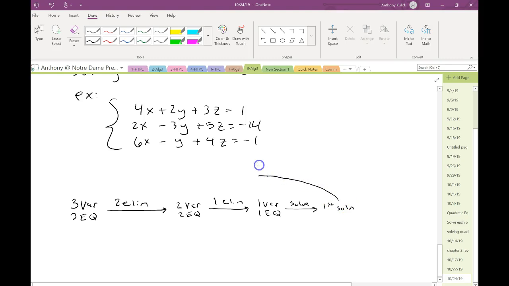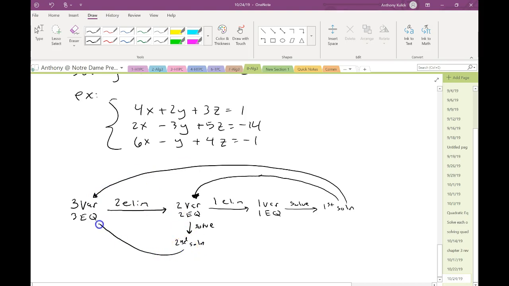Once we have that first part, we're going to substitute back into one of these two-variable problems and then solve to get the second part of our solution. Then once we have that second part, we're going to substitute both of those into one of the three-variable equations and solve to get the third part of our solution.